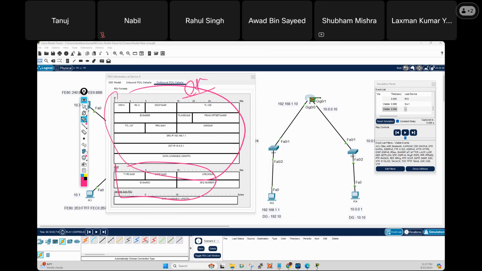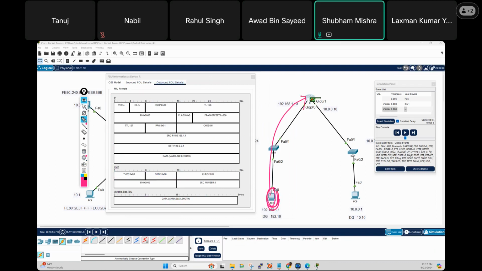This PC is sending the packet to its default gateway, and this is the default gateway. So when this ICMP packet reaches the router, it is the responsibility of this router to perform some modification in this packet, and after that the router will forward this packet towards this network.